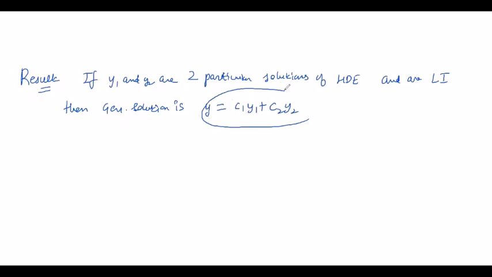This is the main result which we are going to use in the question: from two particular solutions you figure out the general solution.